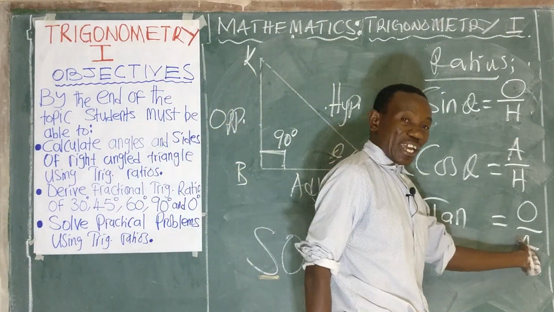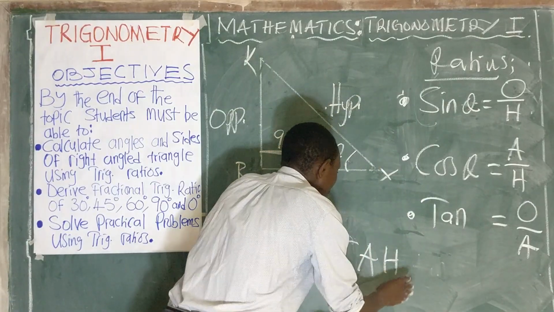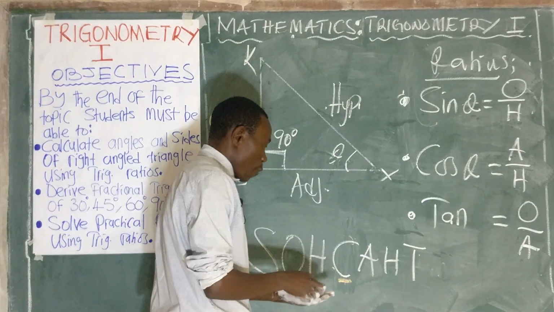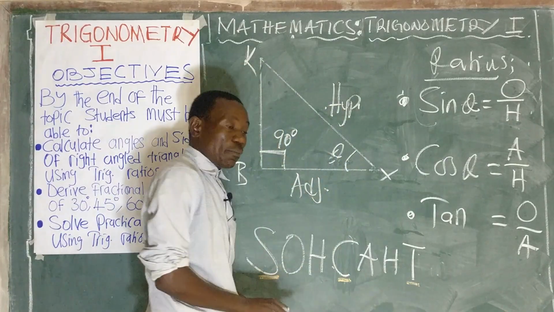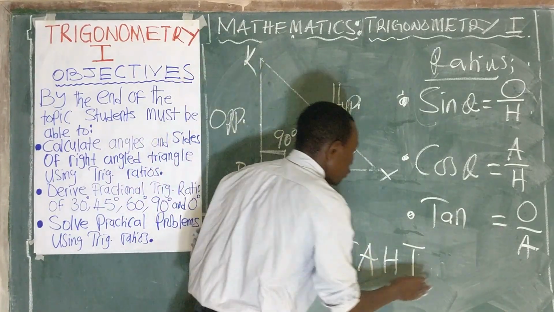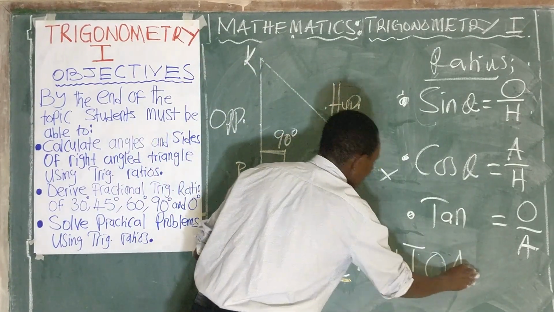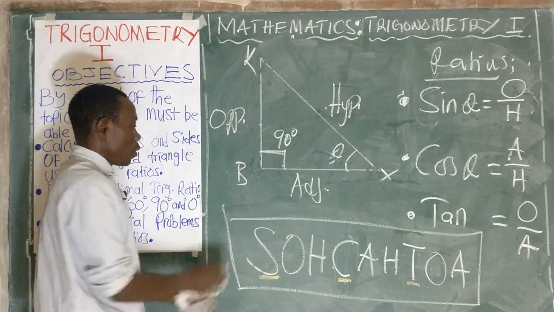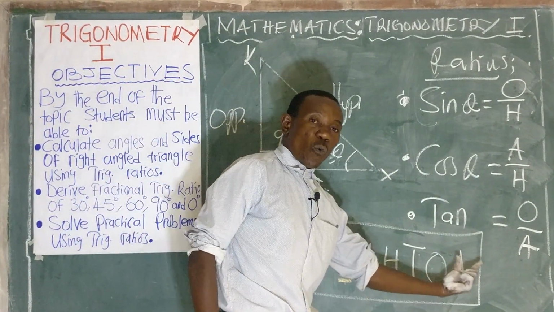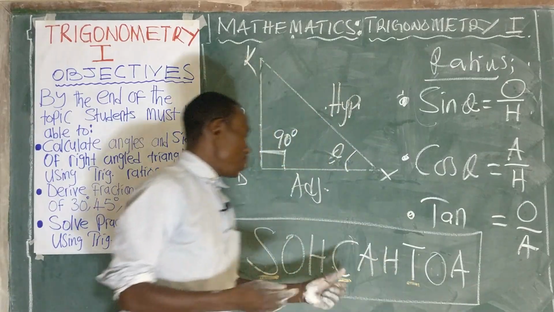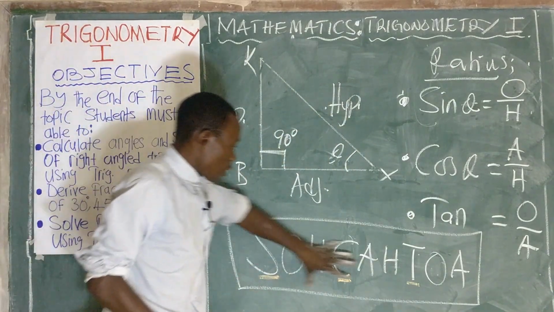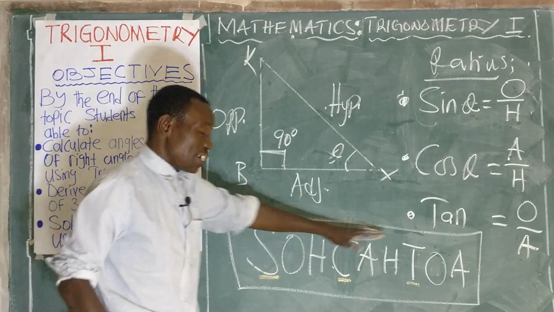Finally, we have the tan, which is written as T in the abbreviation. I also highlighted it by a mark down here. Found when you divide opposite by adjacent. So here it comes in as SOHCAHTOA. You should not be interested in the name, but just understand what those letters mean.